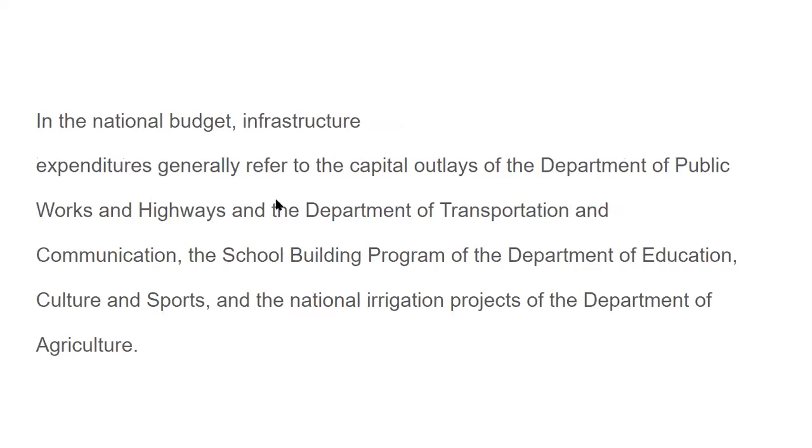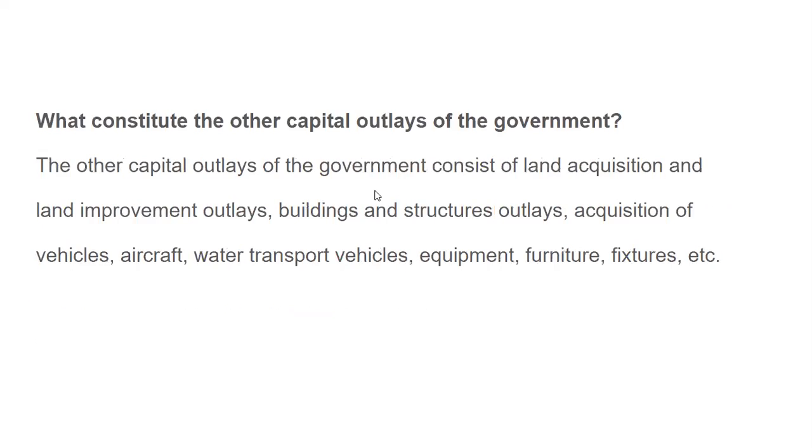Now, in the national government, infrastructure expenditure generally refers to the capital outlays of the Department of Public Works and Highways and the Department of Transportation and Communication, the school building program of the Department of Education, Culture and Sports, or right now it's the Department of Education, and the national irrigation projects of the Department of Agriculture.